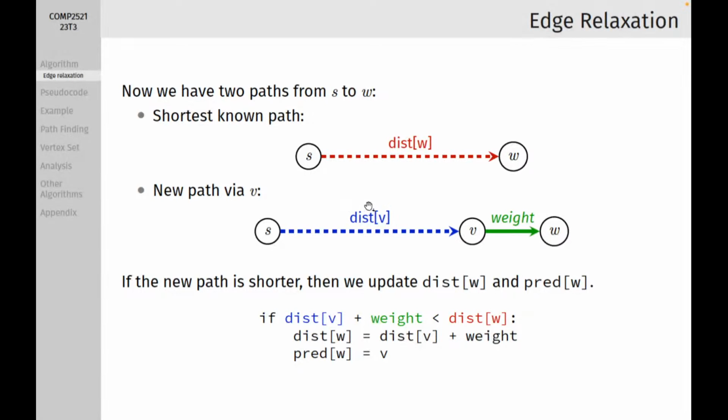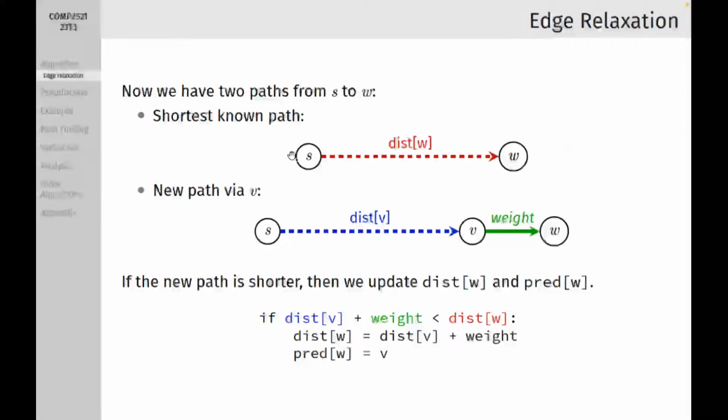So two paths: one has a cost of dist W, and the other path has cost dist V plus weight, okay?